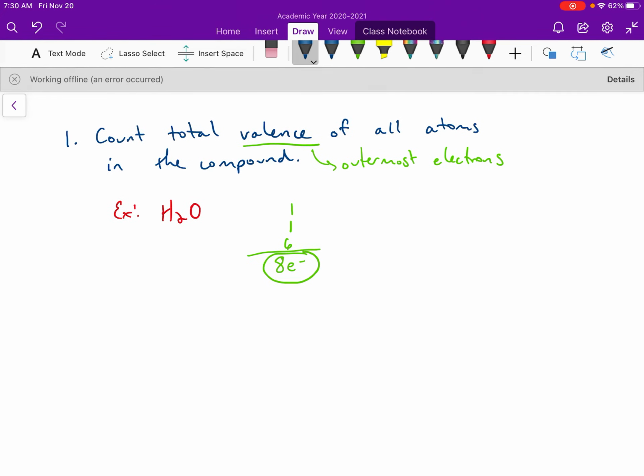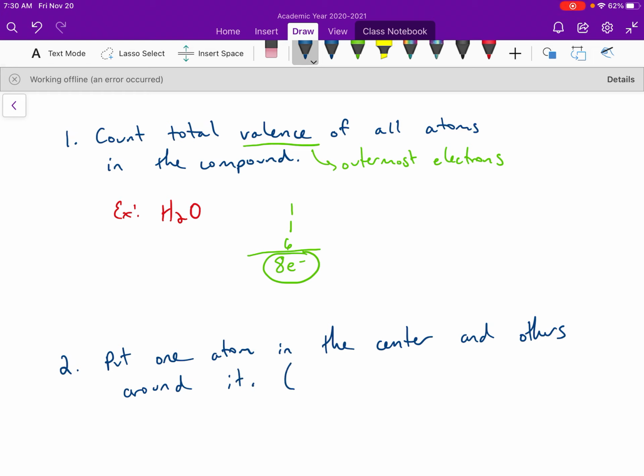The second thing you're going to do is put one atom in the center and the others around it. How do we choose which one goes in the center?